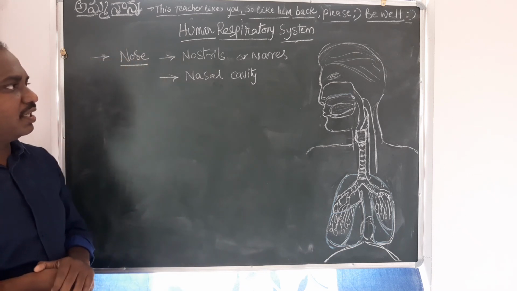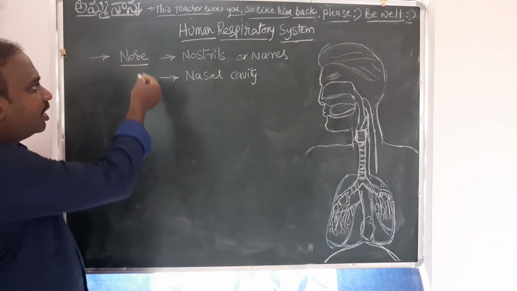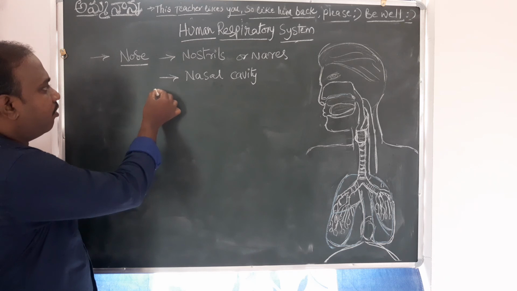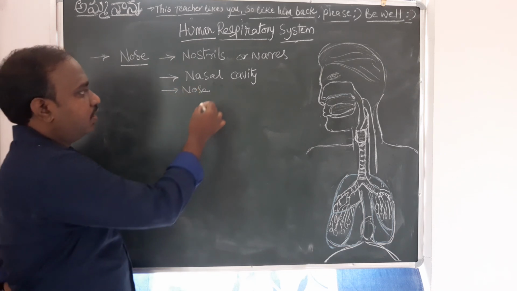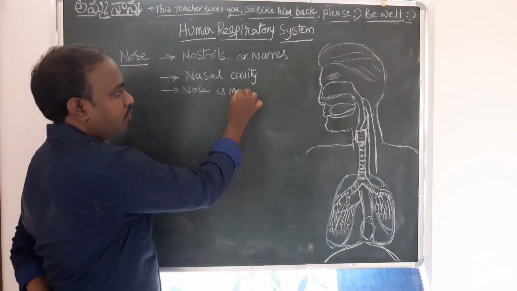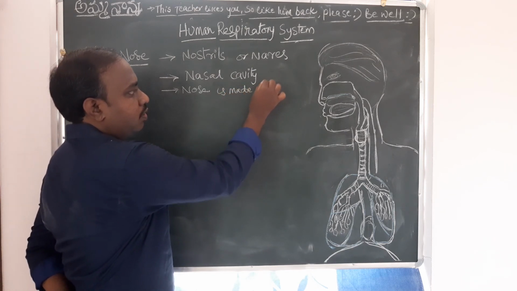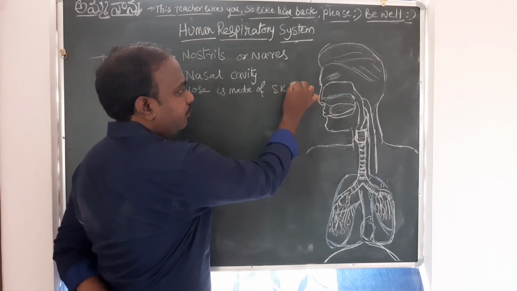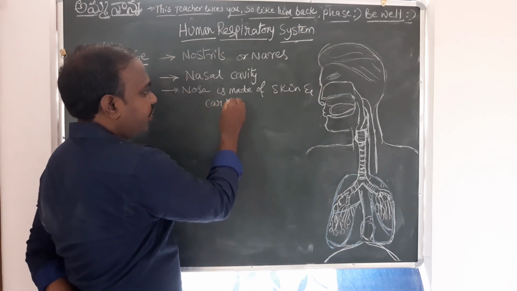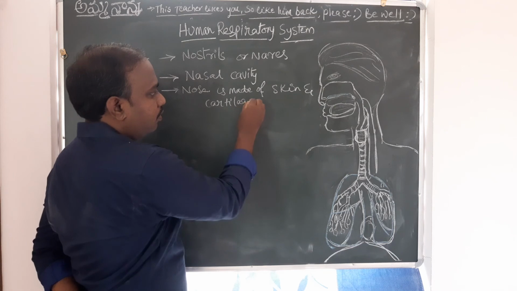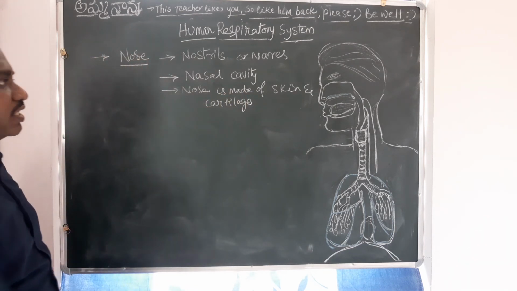What are the skeletal elements? The nose is made of skin and cartilage, right?